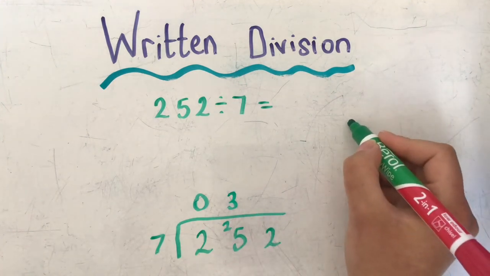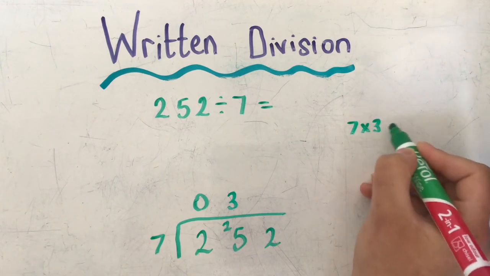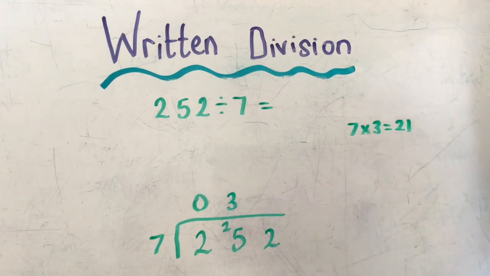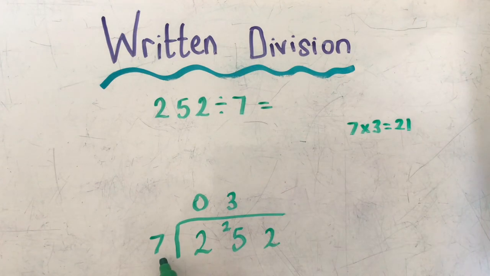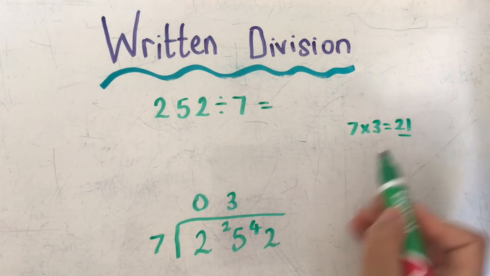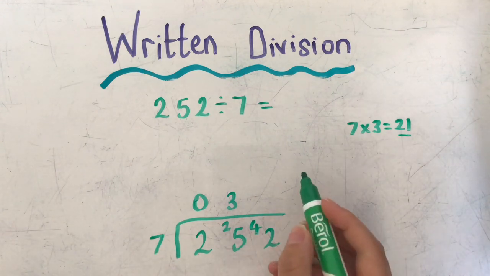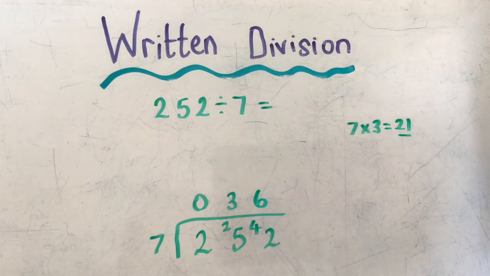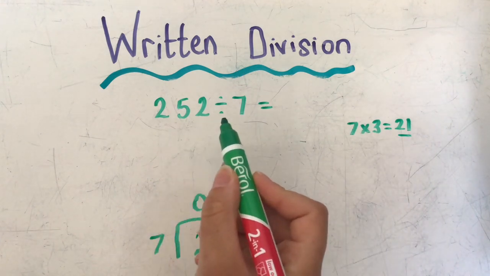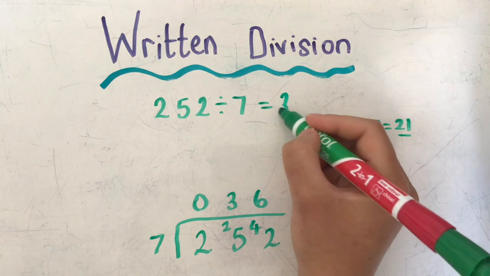If we think of our 7 times tables, 7 multiplied by 3 is 21. And then we need to carry over 4 because we're thinking of the difference between 21 and 25. And then 7 goes into 42 6 times. So 252 divided by 7 is 36.